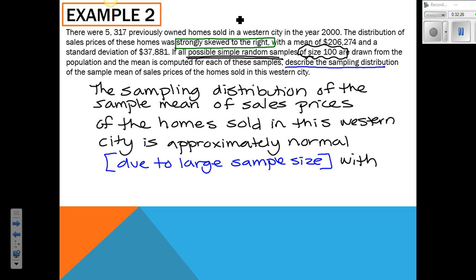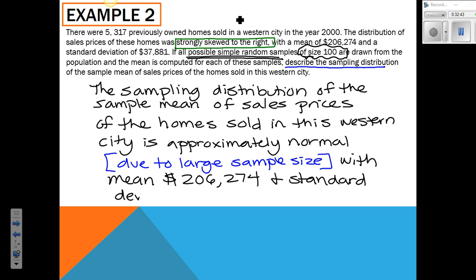With mean of what? 206,274 and standard deviation of what? 3,788.1.